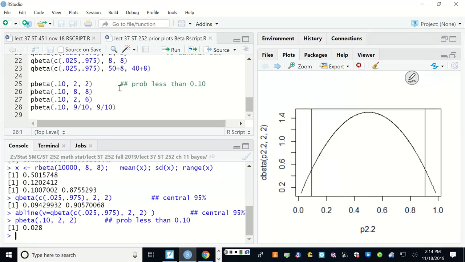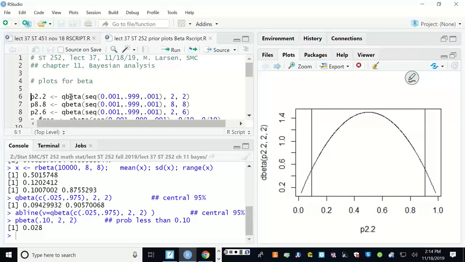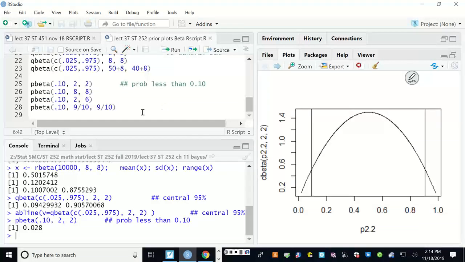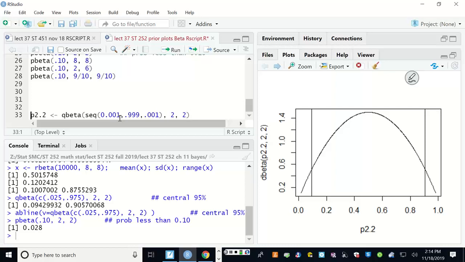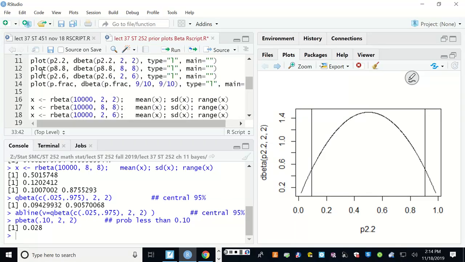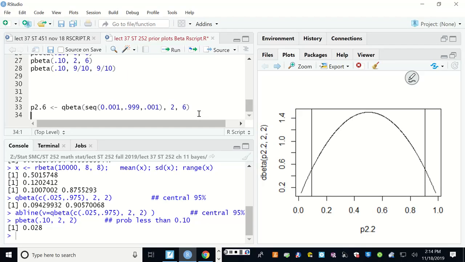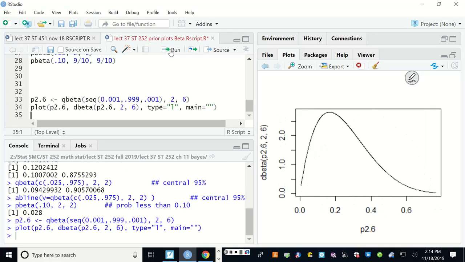So we could modify this code. So we started with 2 and 6 as our prior. And then we plot something. 2, 6, 2, 6, 2, 6. So this is our prior, like that.